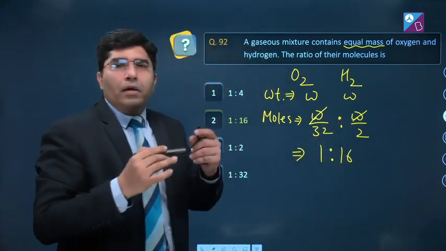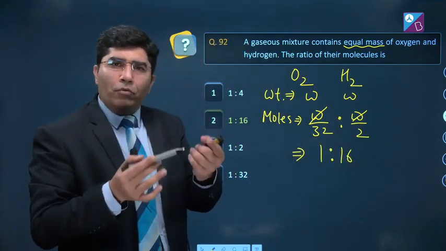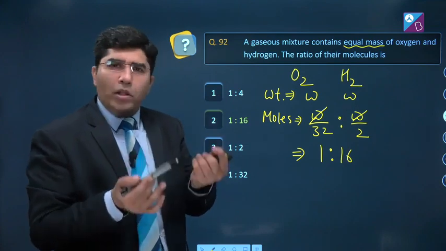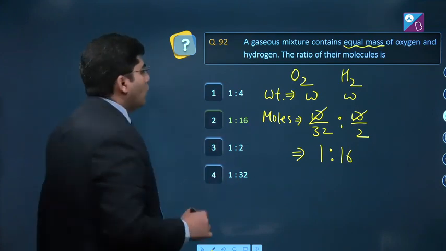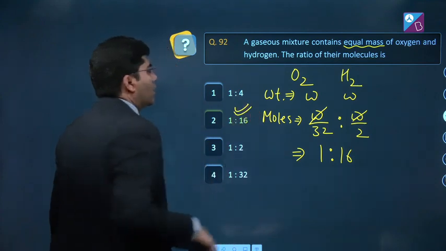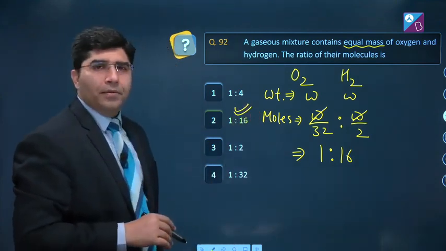So the ratio of the number of moles will be equal to the ratio of the molecules, right? So second one is the correct answer.